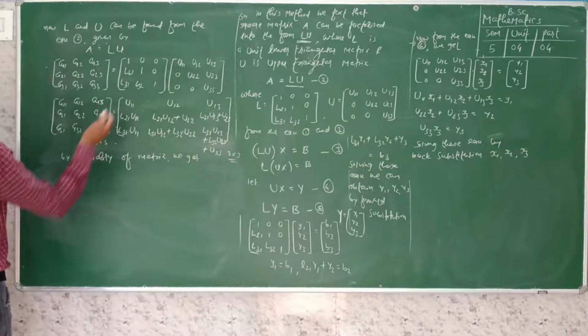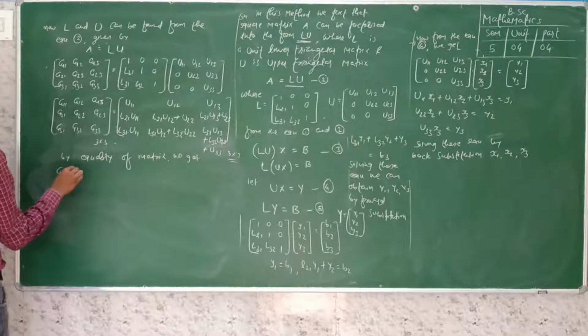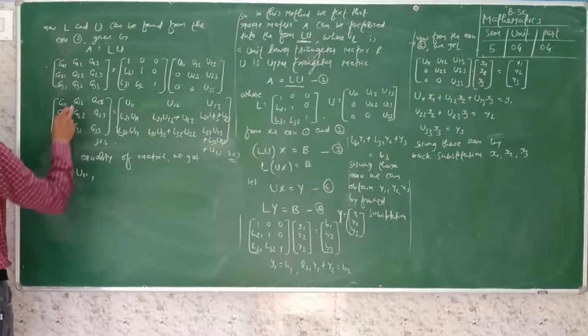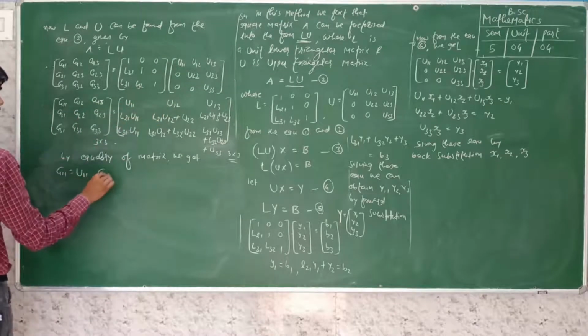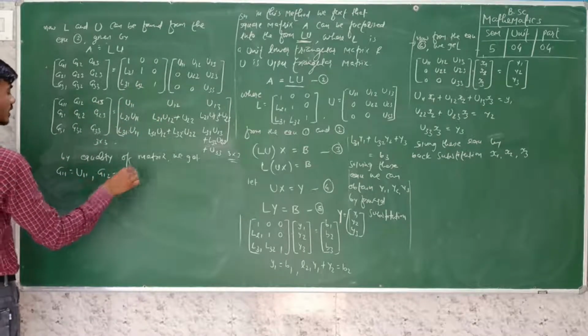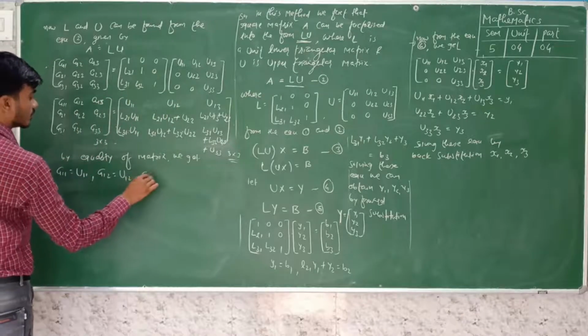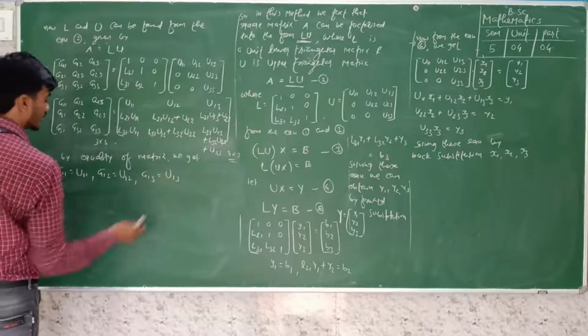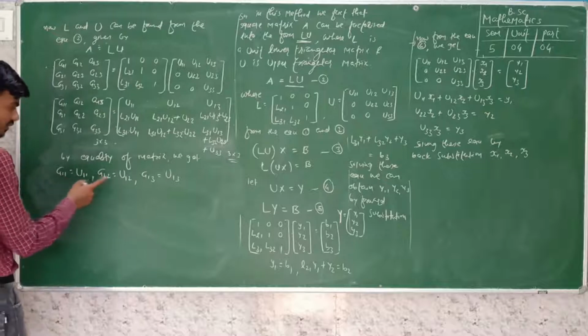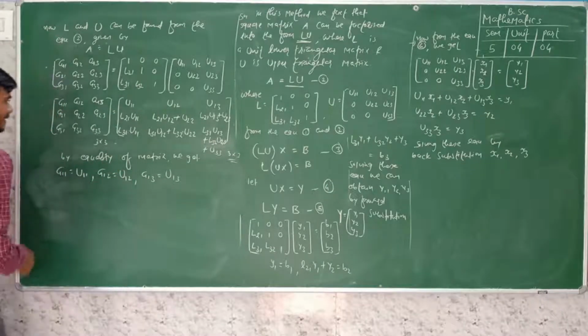First element A11 is equal to U11, A12 is equal to U12, A13 is equal to U13. So we can have the values of U11, U12 and U13.